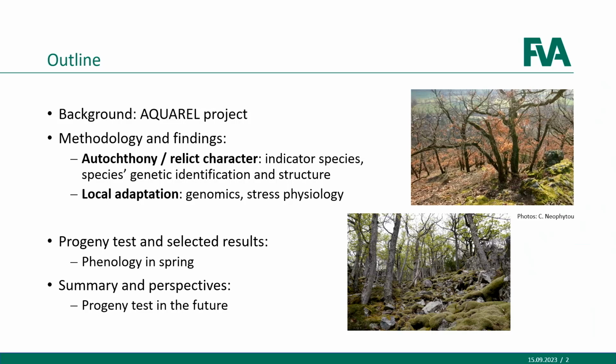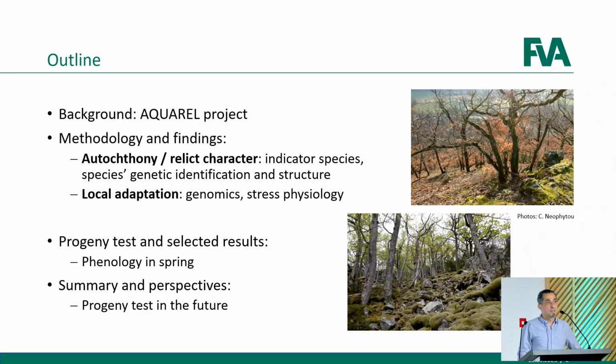We are talking about steep slopes and screes, where we have mostly no beech competing with the oaks, so we hypothesize that our oaks are autochthonous there. We hypothesize also that there is a long habitat continuity. And given that we mostly have extreme sites, we also think that there must be a local adaptation to drought stress.